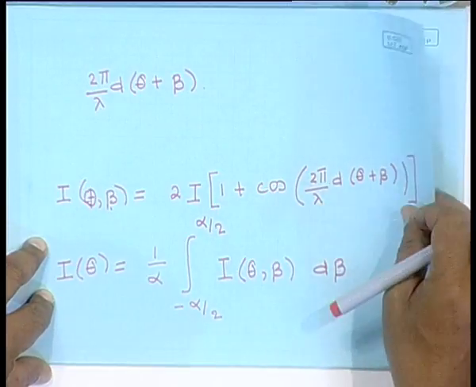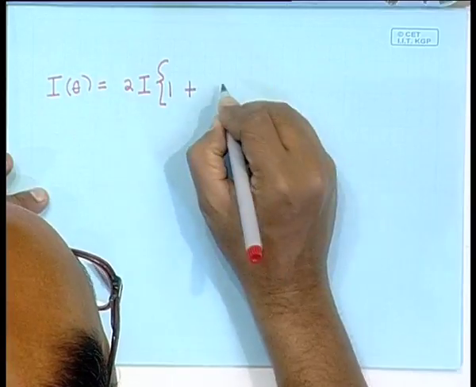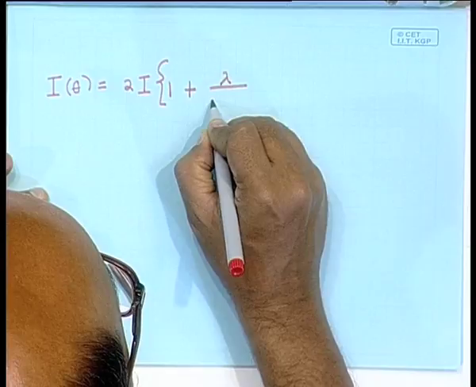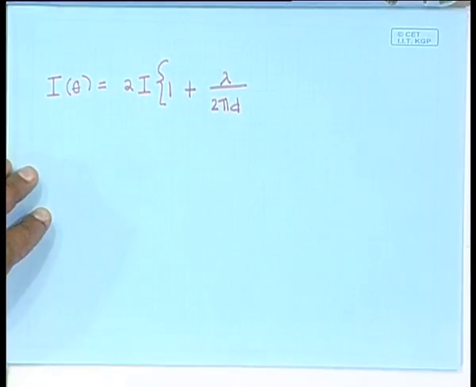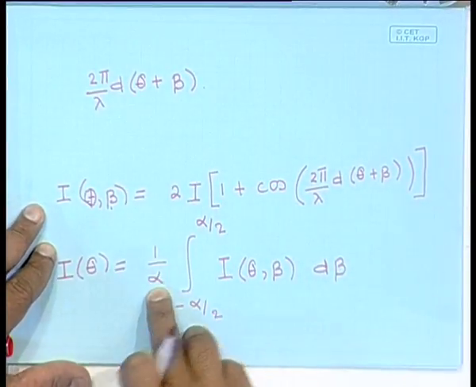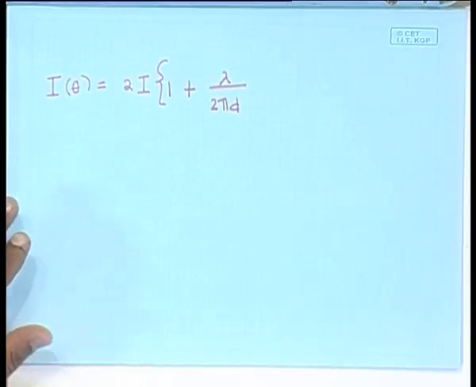So, I can write it like this: 1 plus lambda by 2 pi d, and we also have this 1 by alpha over here which we have introduced. So, I can also put that in over there, alpha.